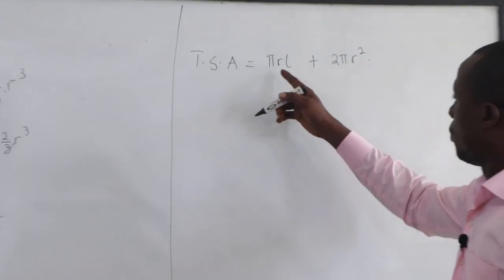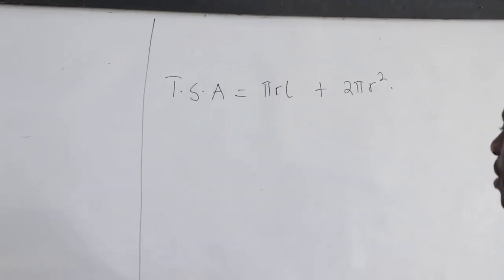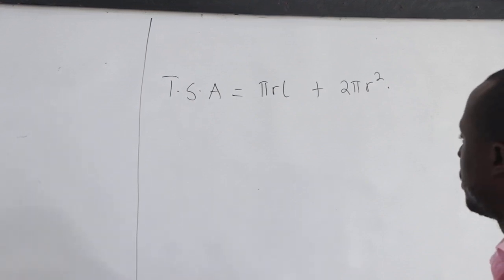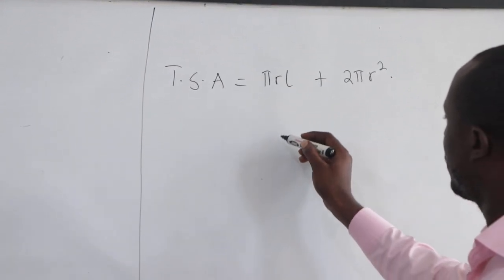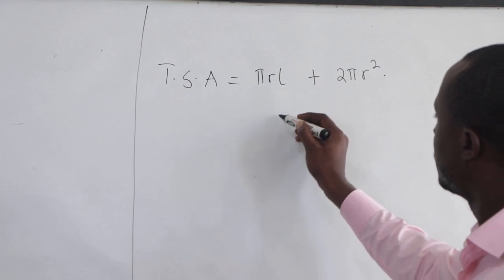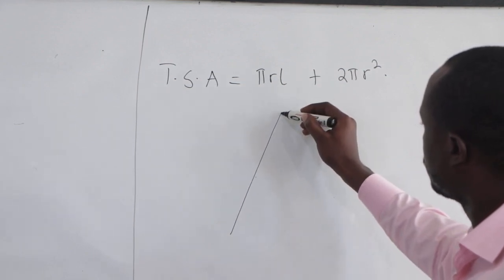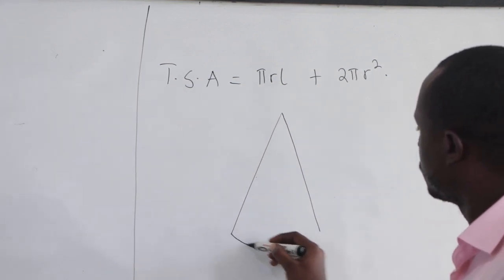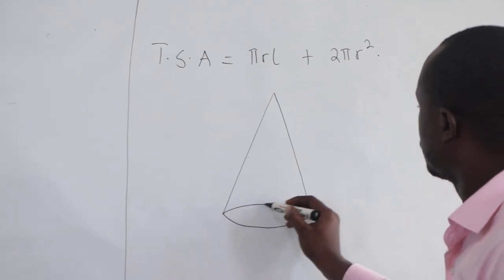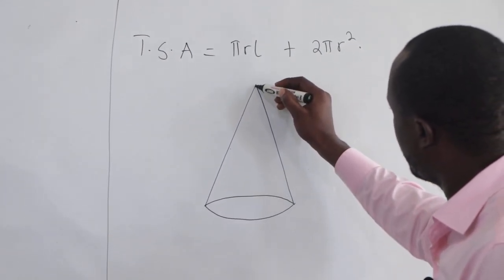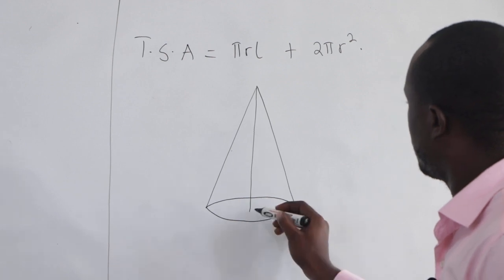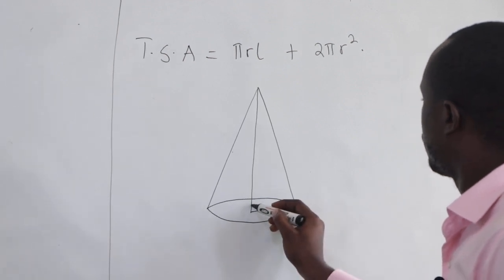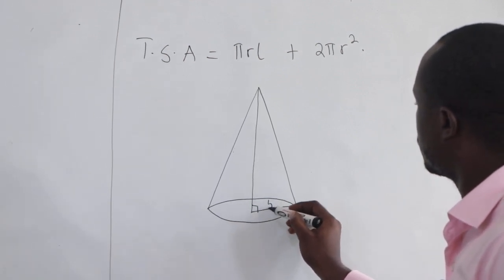Clearly, we know pi, we know r, but we don't know L. But then from the diagram, we know that we can find the L. The L is the slant height. Let's consider the cone. Let's bring out the height from the vertex. Now we know the radius was 5.